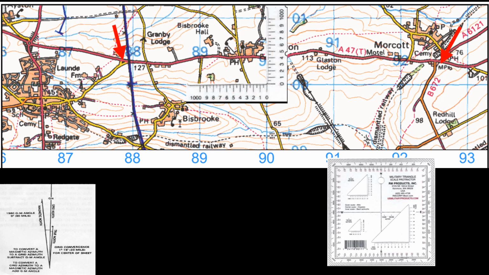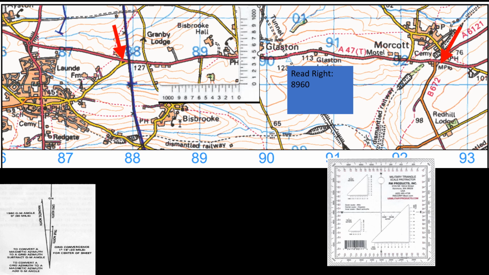All right, so remember, we read right. So we moved our protractor over all the way until the right side of it touches that point of interest, in this case, this little square. So we don't forget about the easting.